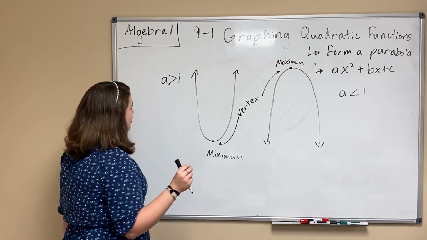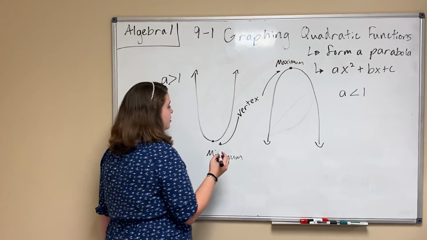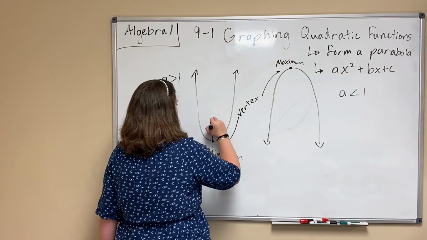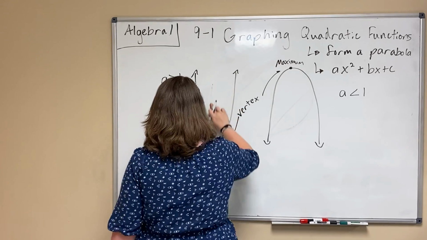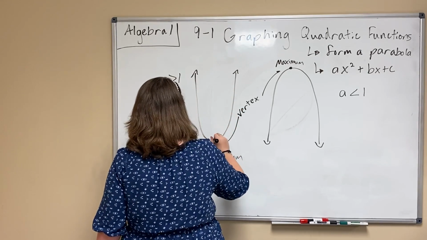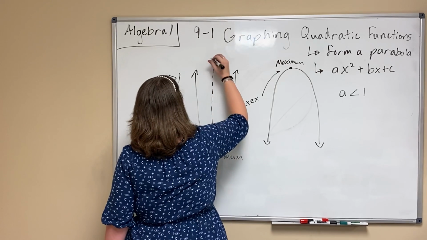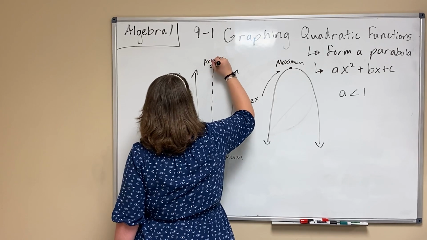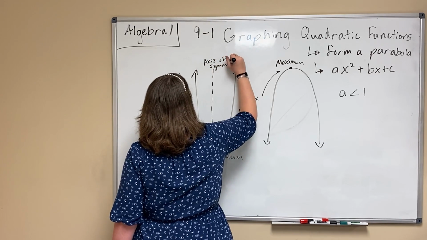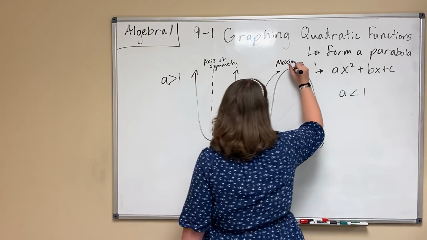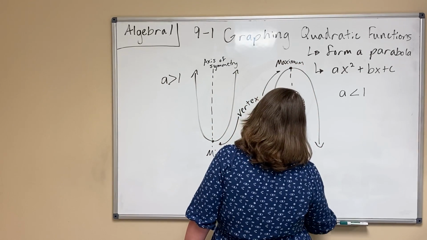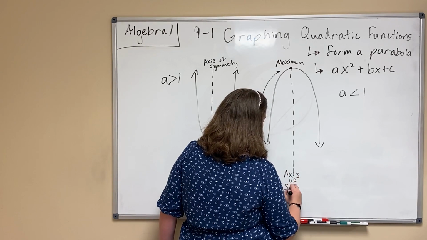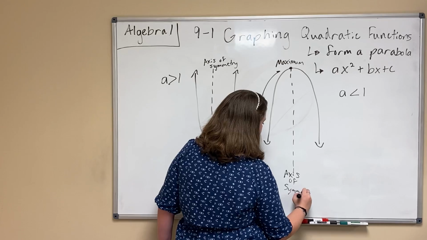One other thing about parabolas that's important for us to know is that they have, going through their minimum, something called an axis of symmetry.